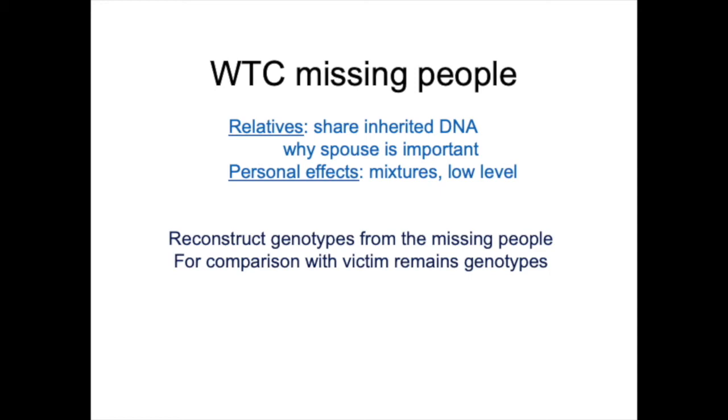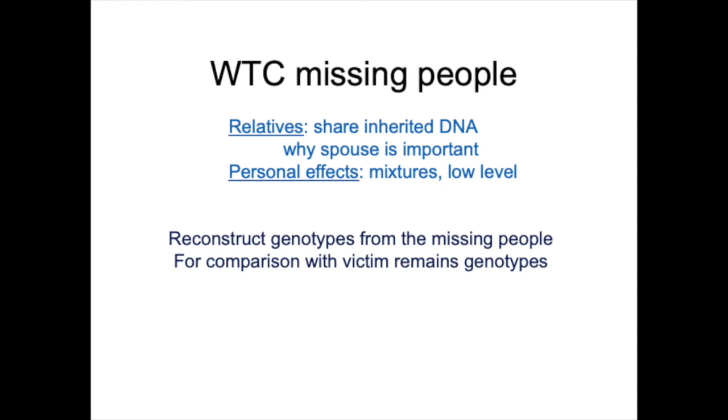Now, interestingly, originally, the first responders who were collecting the family's DNA didn't collect spouse DNA of a missing person. That's because they knew that the person wasn't genetically related to the missing person. They were their spouse.